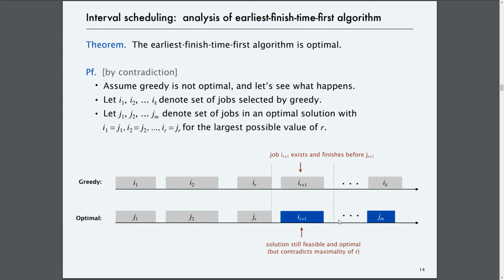So the solution here is still good. It's still optimal, and it contradicts the maximality of r here, because now we have that r plus 1 is the maximum sequence on which they agree.